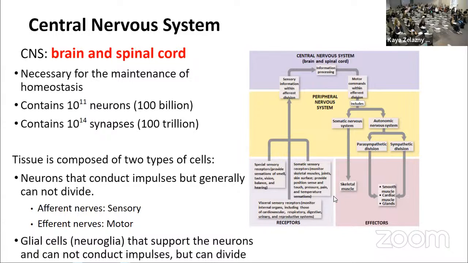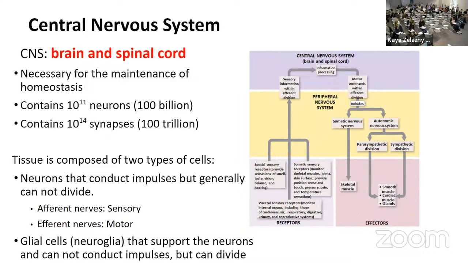Okay. The cells that we want to just know for today are the other cells. So our glial cells, or our neuroglia, support those neurons, but they can divide, and they're not really electrically active. So they're just kind of surrounding these nerve cells.